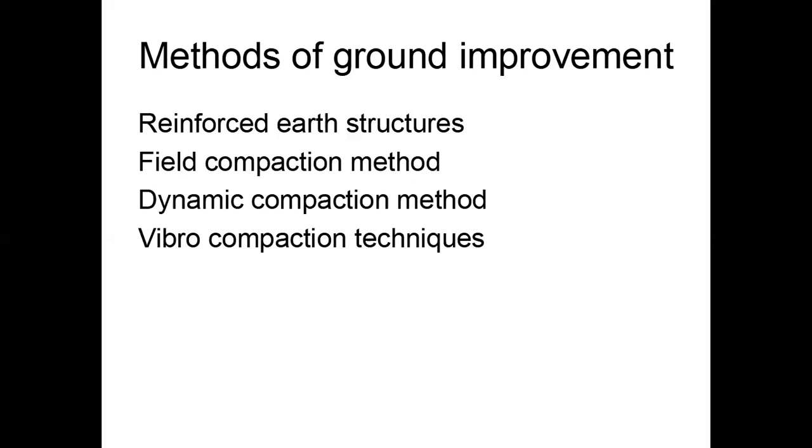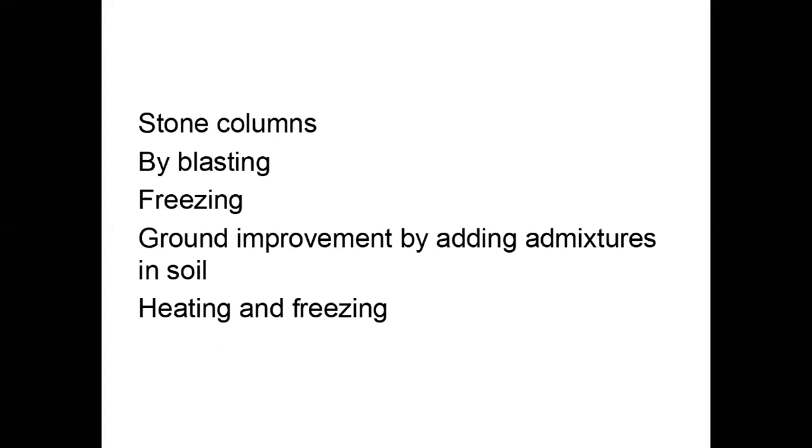Next one, dynamic compaction method. We are providing the compaction by various means, that is, equipment such as the roller, like that. Next one, the vibro compaction techniques. Stone columns. Stone columns are provided for loose soils.